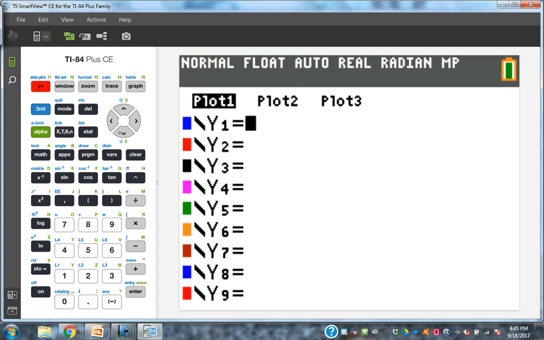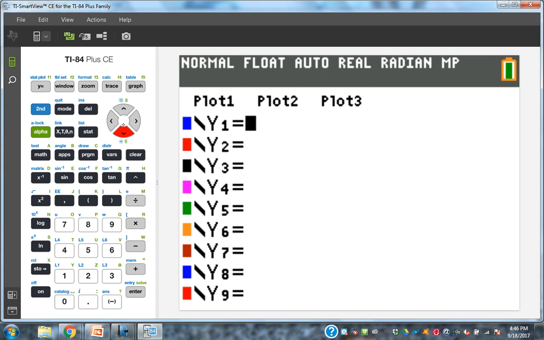Just go down to that problem and hit clear, and it'll get rid of it. Now, you'll notice up there at the top, I've got plot 1 darkened in. I don't want the plot on. It tends to cause tons of problems when you go to graph regular equations. So we want to turn that off. The quick way to do that is to press the up arrow key, and when it's blinking, hit enter, and now it's not darkened in anymore. That turns it off.